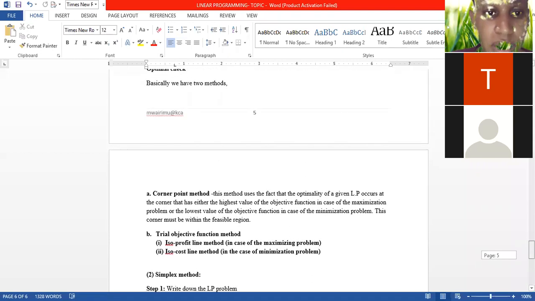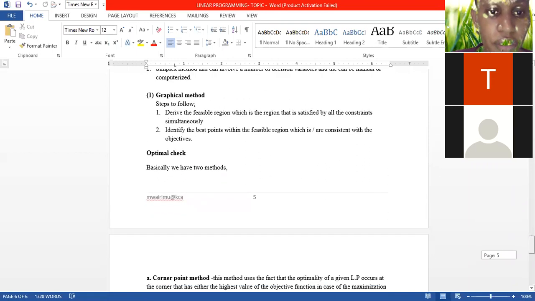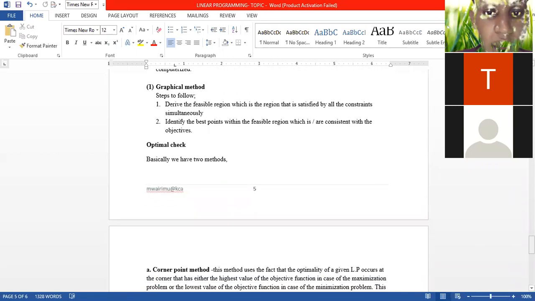There are two basic methods that we can go for. One is what we call the graphical method, and for one to draw a graph, you cannot deal with more than two variables. As I say, a graph will always relate one element on the y against another on the x-axis. Then we also have the simplex method.